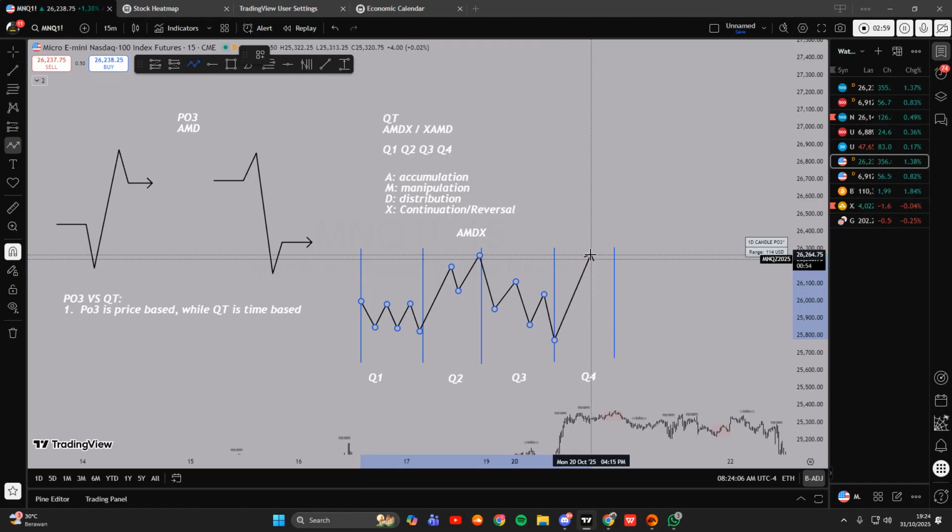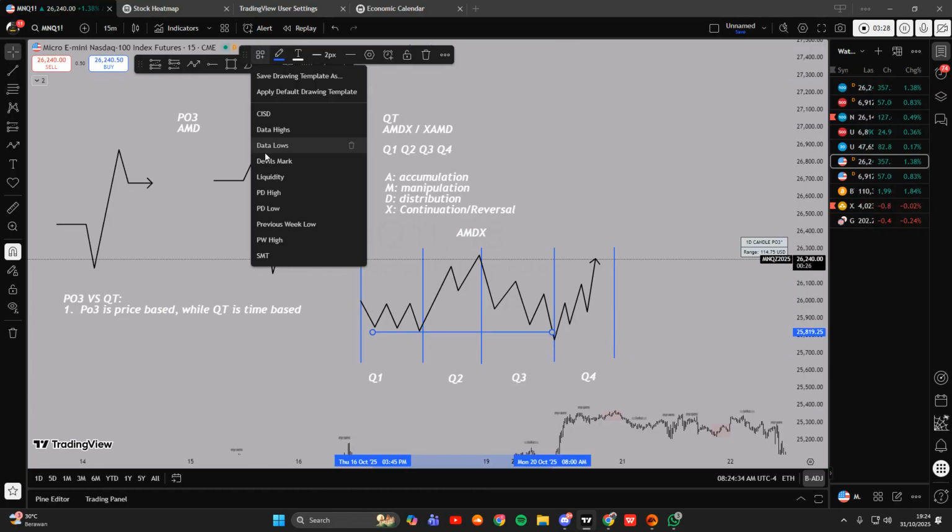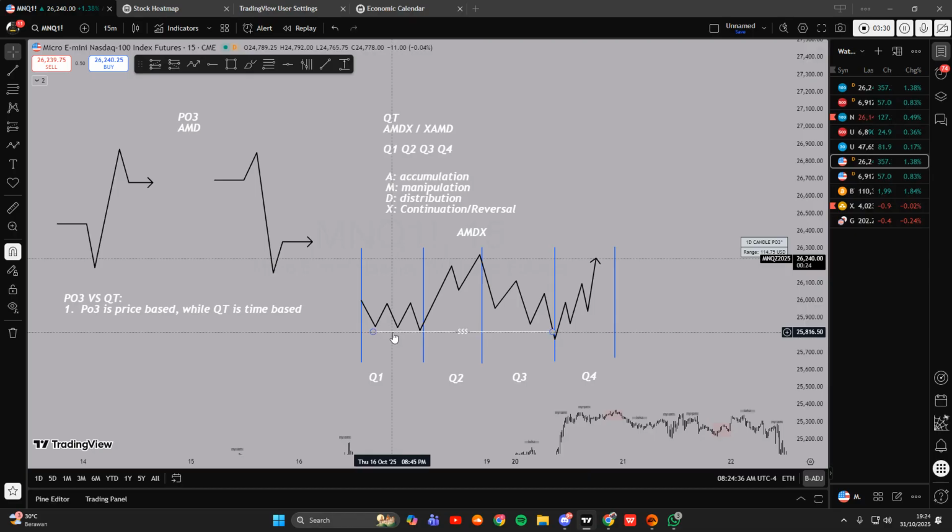Now from here, the 4th quarter is usually where I trade, and in the 4th quarter you can expect either a continuation or reversal off of this distribution leg. In this scenario, we're in an AMDX, right? So we would expect a reversal from that distribution leg after catching those resting liquidities on the consolidation lows.